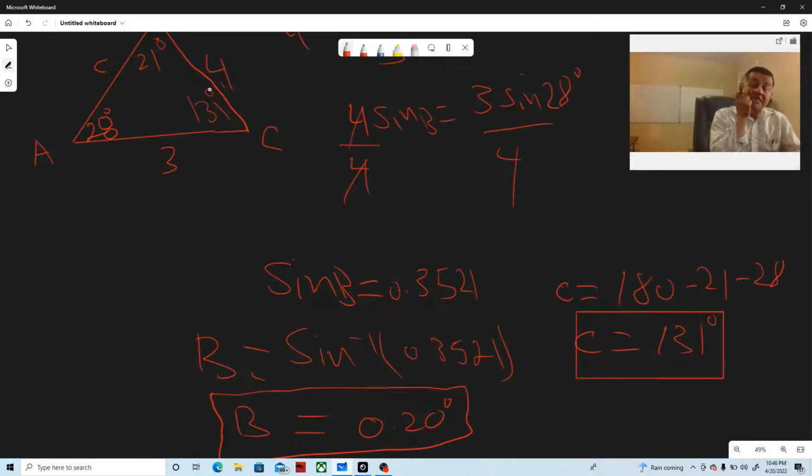So we barely made it. If we add all this, 21 plus 28 plus 131 is equal to 180 degrees.